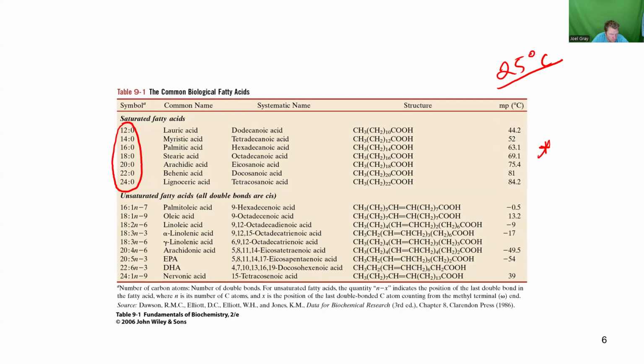So if a 12 carbon compound has a melting point of 44.2 and a 24 carbon compound has a melting point of 84.2, the number of carbons goes up and the melting point goes up as well. So as the number of carbons goes up, melting point goes up.